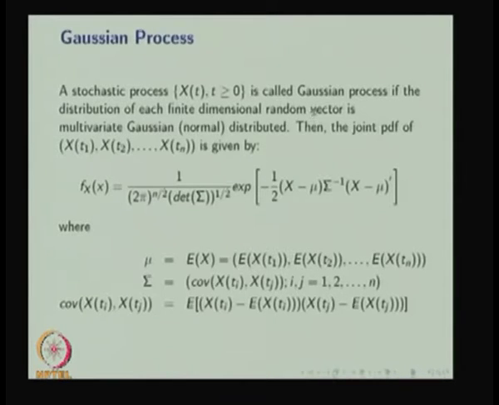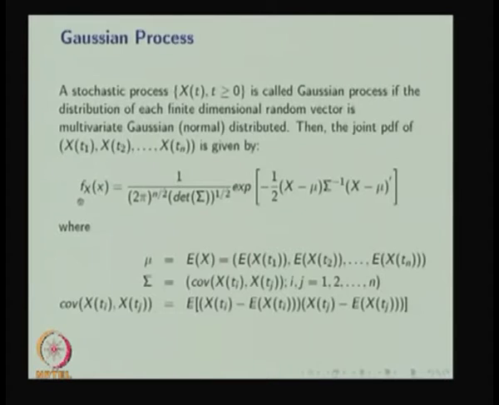That means if you take any finite dimensional random vector from that stochastic process, and that random vector is multivariate Gaussian distributed, then the underlying stochastic process is a Gaussian process. Since each finite dimensional random vector is multivariate Gaussian, you can write down the joint probability density function of the n-dimensional random vector of the Gaussian process.